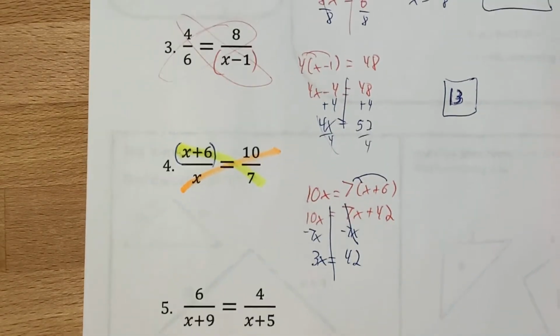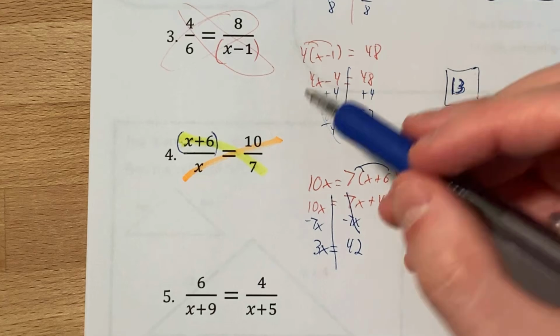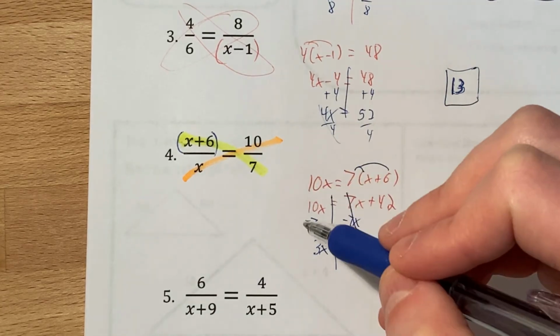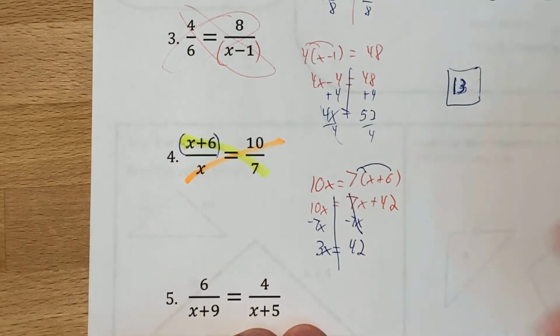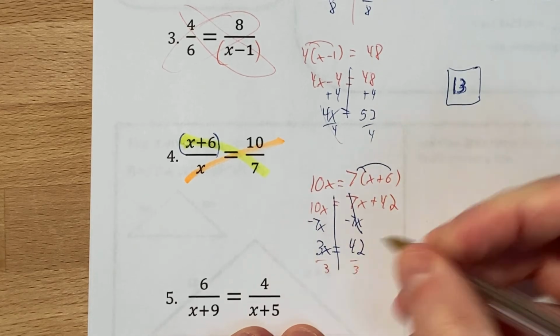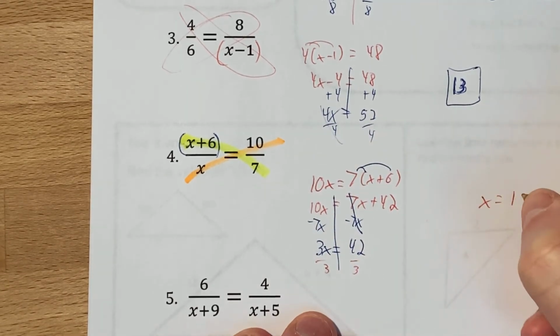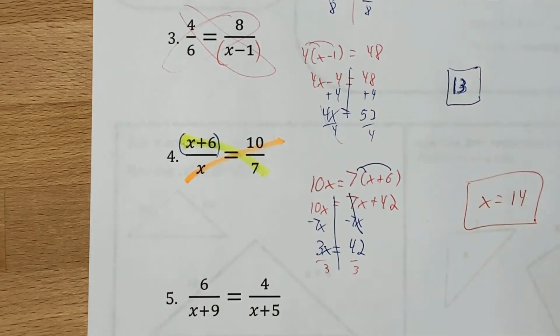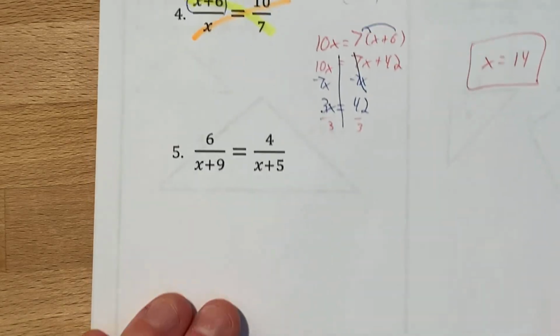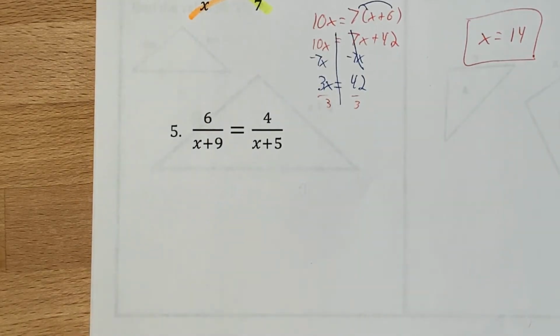So that's the difference. You had x on both sides, so you had to move it over. And then divide by 3. That's going to be 14. Once again, pause, try number 5.